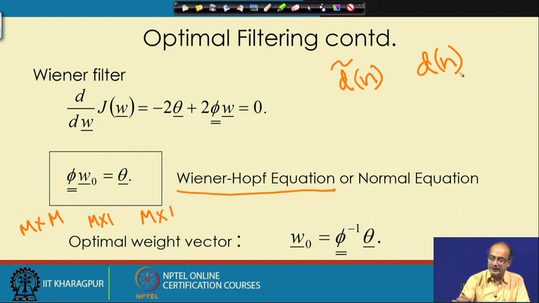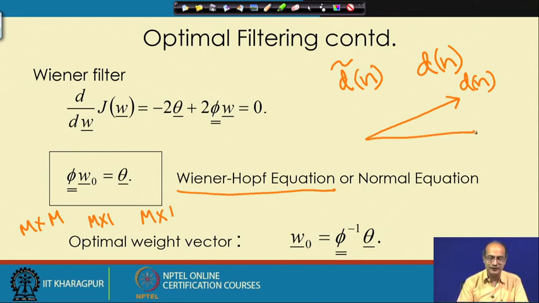Now, let us take d n as a vector, and say d tilde n is going in this direction. If this is d tilde n, then this one would be the error. The error would be minimum when this vector is perpendicular.